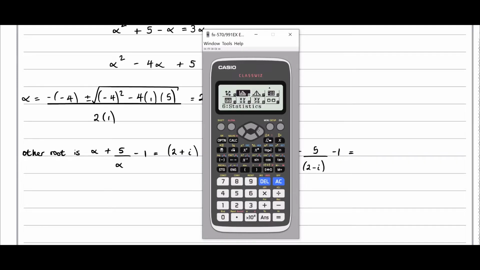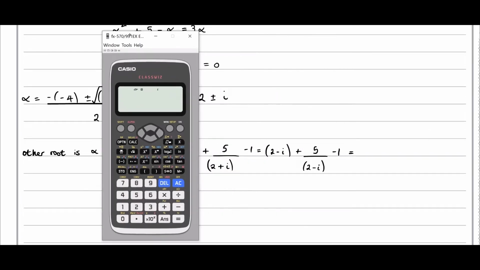So if we go to our calculator, let's turn the mode into complex mode. And if we enter that in, we have 2 minus i plus 5 over 2 minus i minus 1.